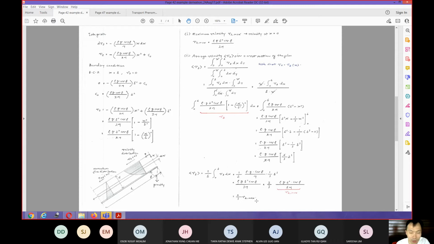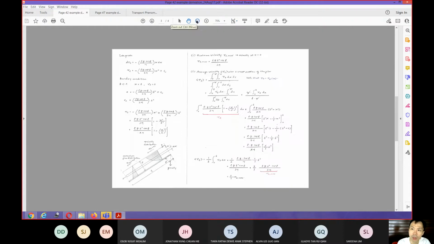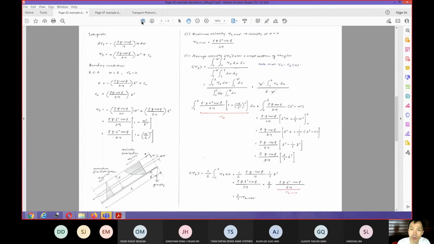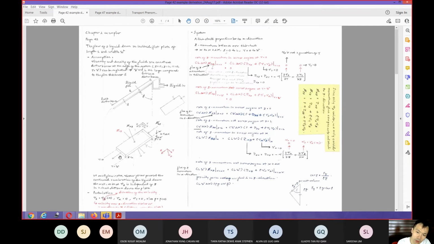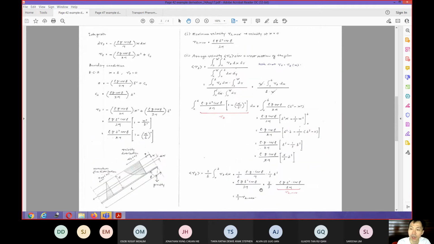So once you get the average velocity, averaged over the cross section that is perpendicular to the flow direction, that will be 2/3 of your maximum velocity. Note that your maximum velocity is the velocity on the top in here. Okay, the velocity at x equal 0. So this is very important.